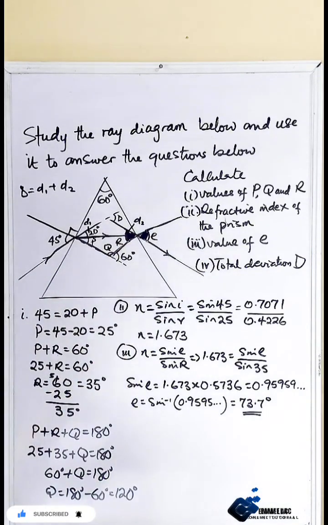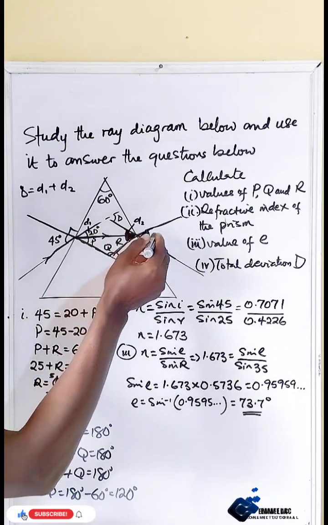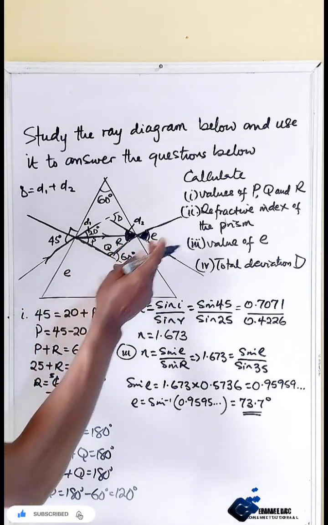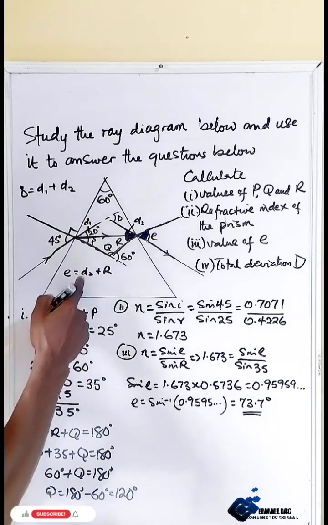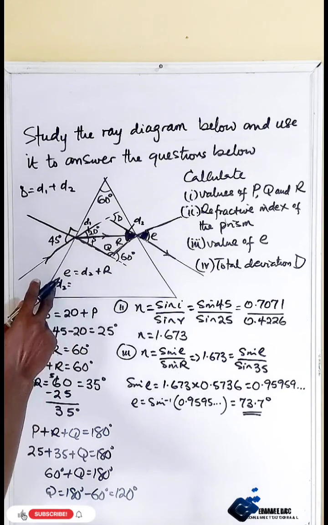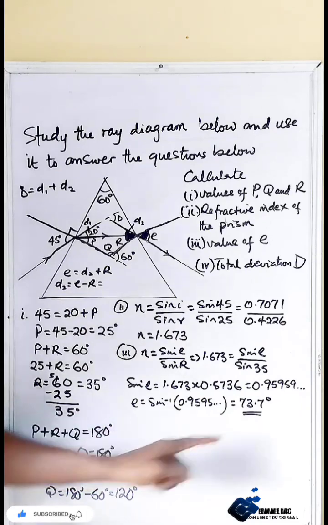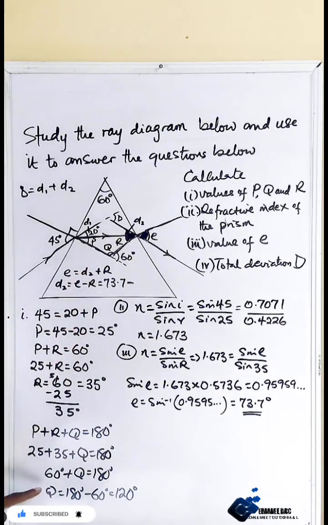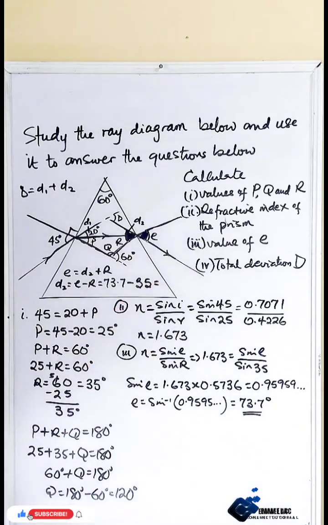So for us to get this angle, it means E minus R. Let us take note that E, this angle here, equals D2 plus R, which implies that D2 will now give us E minus R. We've gotten our E to be 73.7, then minus our R, which is 35, and this should give us 38.7.